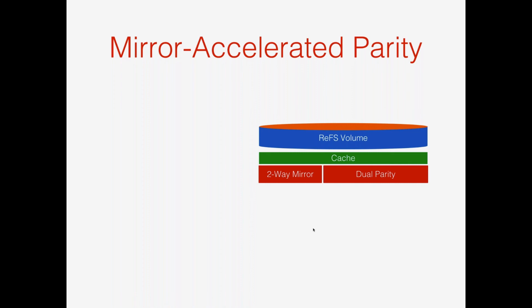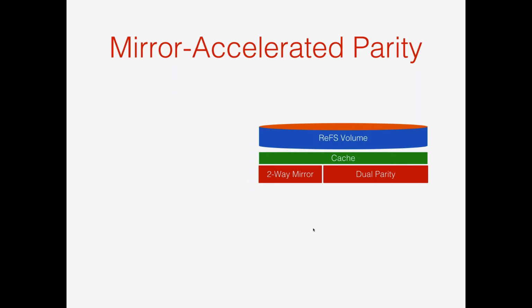When you get to 4 nodes in a Storage Spaces Direct cluster, you can do something called mirror accelerated parity. If you're thinking of this in terms of RAID, this is essentially combining RAID 1 and RAID 5 on the same volume. So you have a smaller portion set aside for mirroring, and that's where writes are cached and then written into the parity tier of the volume.